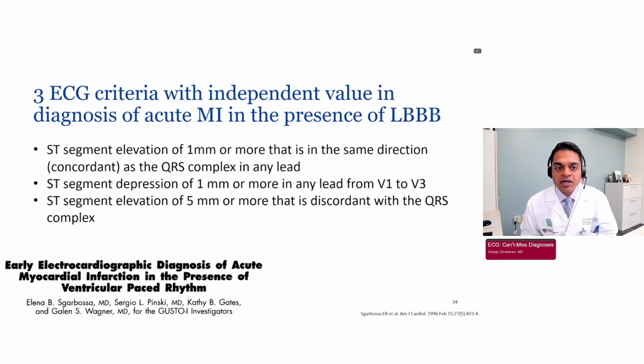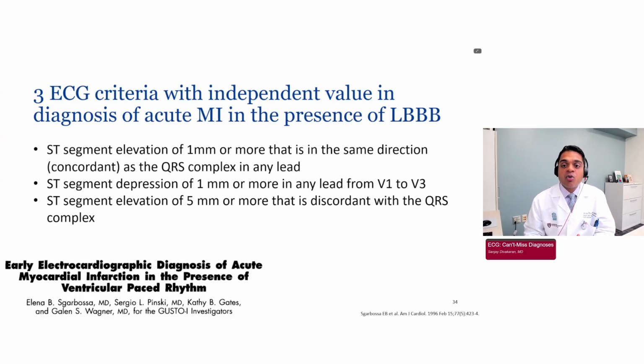However, there are other criteria, and these are the 3 criteria with the most independent value in the diagnosis of acute MI in the presence of a left bundle branch block, either intrinsic or paced. The first is ST segment elevation of 1 millimeter or more that is in the same direction, or concordant, with the QRS complex.